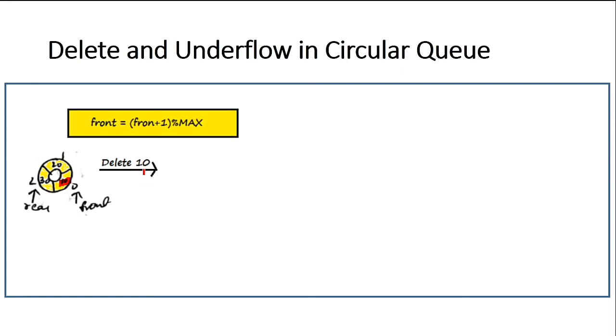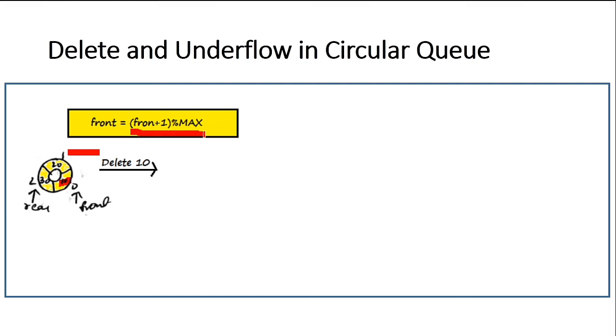So when you delete, how can we delete 10? We can delete 10 using this thing. Front should be incremented by 1 after deleting the element, so that it will point to the next particular position.